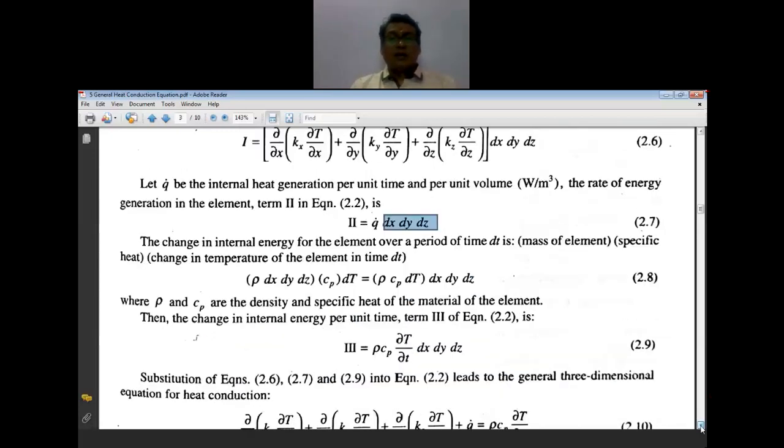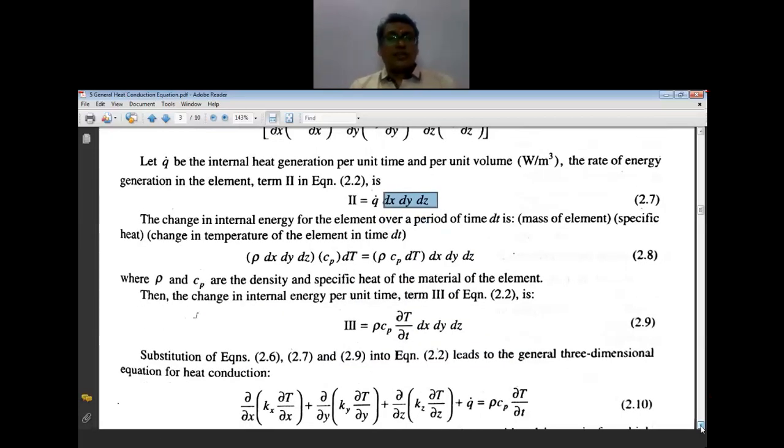Then the third term is the change in the internal energy of the element over the period of time dt. This is the unsteady state term. That is the mass of the element into the specific heat, that is rho into the volume into the specific heat into the change in temperature of the element in time dt.